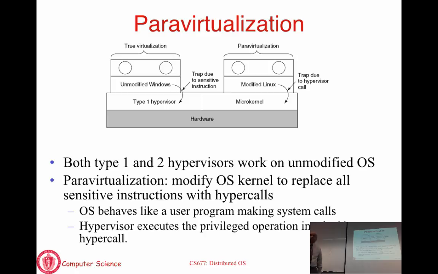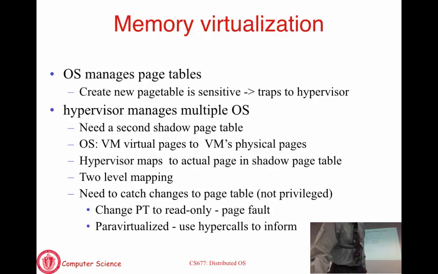So the way you deal with memory and page tables is through this notion of shadow page tables, where virtual pages are mapped to the VM's physical pages, and the hypervisor is actually going to change the mappings. Essentially, it's a two-level mapping. There's a mapping maintained at the OS level, but there are shadow page tables that reflect the actual mapping. That's just an example of how the same idea we talked about last time can be used here.